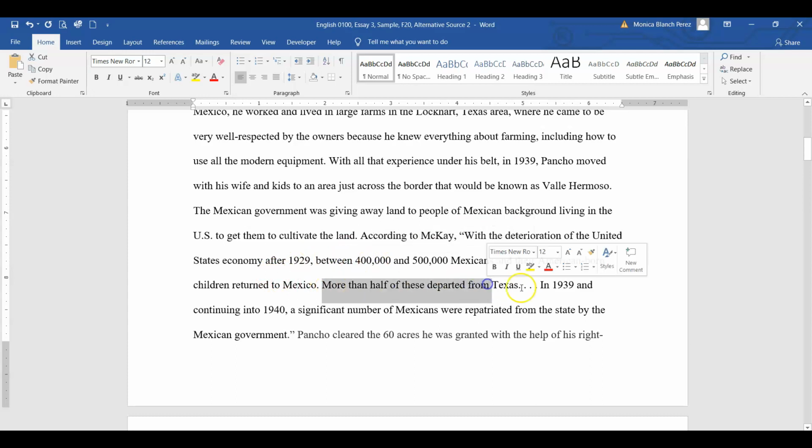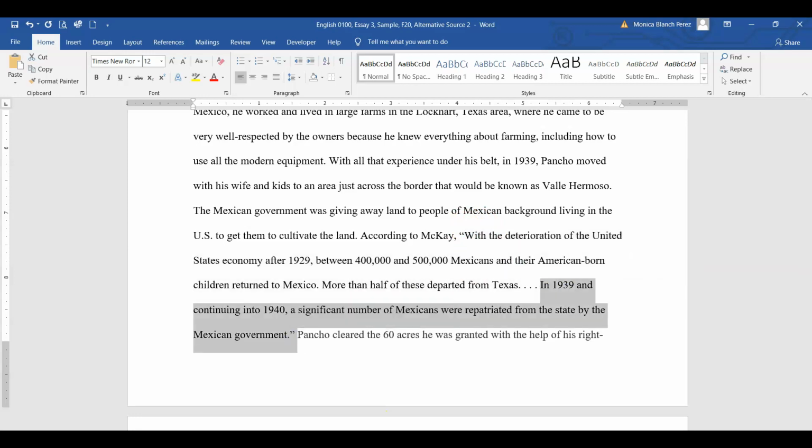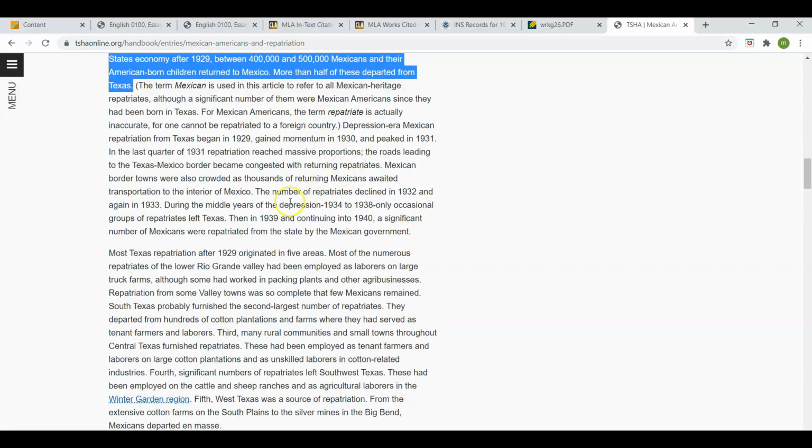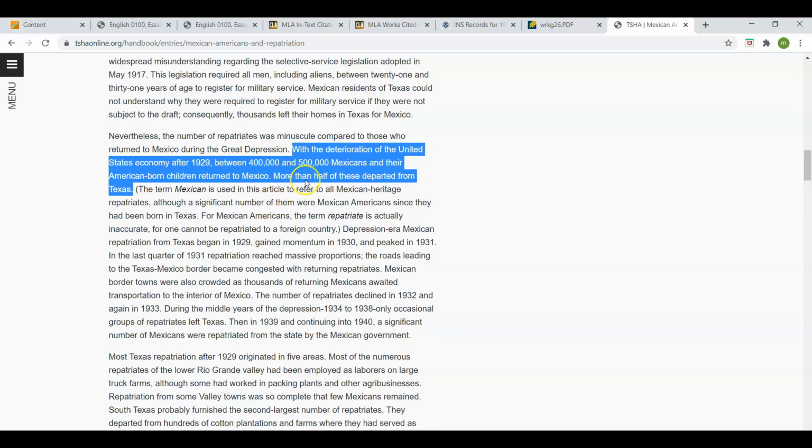More than half of these departed from Texas. Okay, here are the dots. I quoted more than what I just showed you about a minute ago. In 1939, so where is that? I know it's there. That's where I got it. Ah, here it is. So I quoted from here to here, and then the dots represent that I skipped most of this stuff because it was too much.